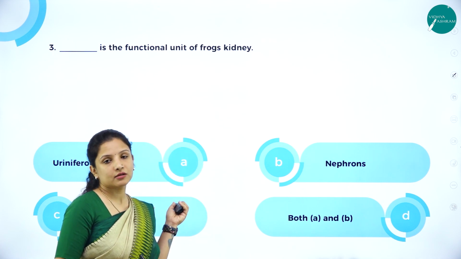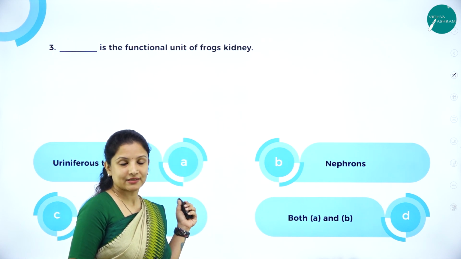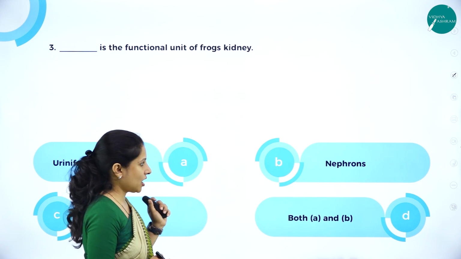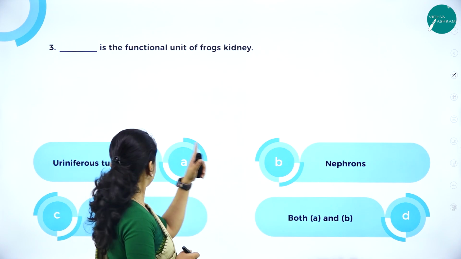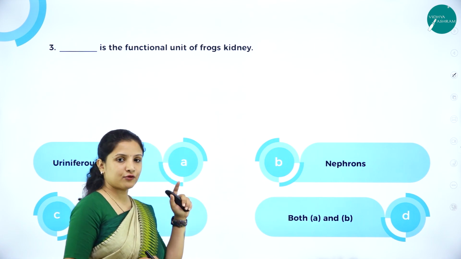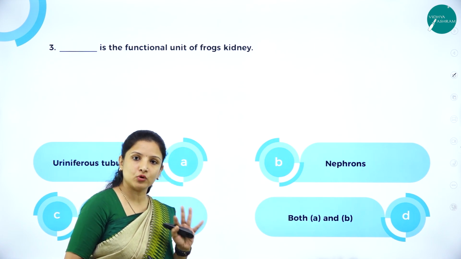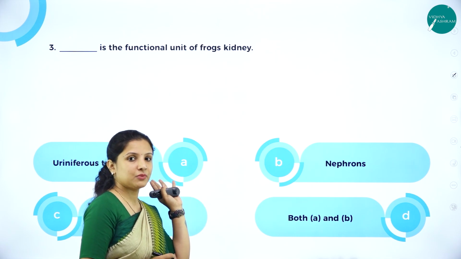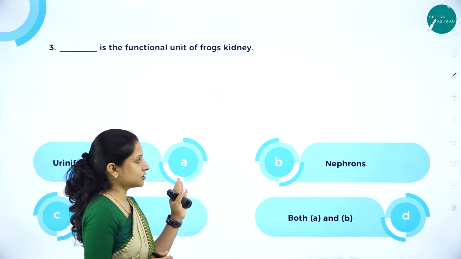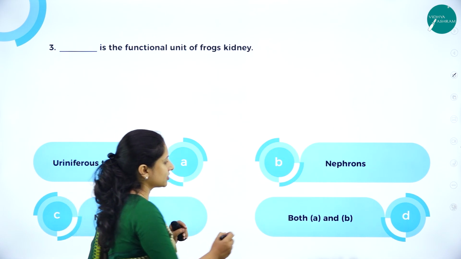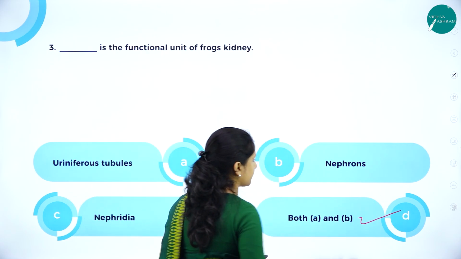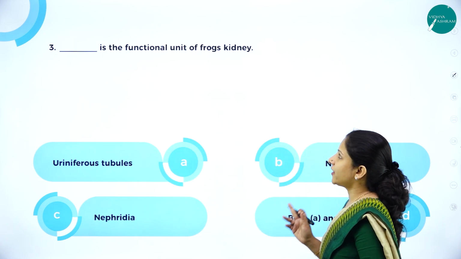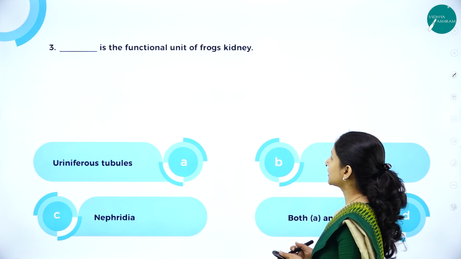Nephridia are found in earthworms and leeches, that is, in annelids, where the kidney unit is the nephridia. So it is between nephrons and uriniferous tubules. Nephrons and uriniferous tubules are one and the same. Therefore the right answer here is both A and B, option D, because nephrons or uriniferous tubules are the functional unit of the frog's kidney.